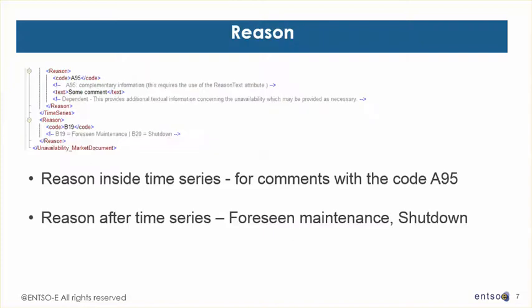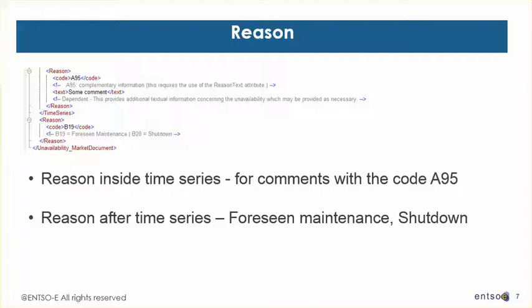So if you go to the next slide, the remaining information is about comments and reasons. And quite often this is done in a little bit strange way, probably because of IT developments. Basically, as you can see, I took this part of XML from a sample file. The idea was that inside the time series, you use the reason.